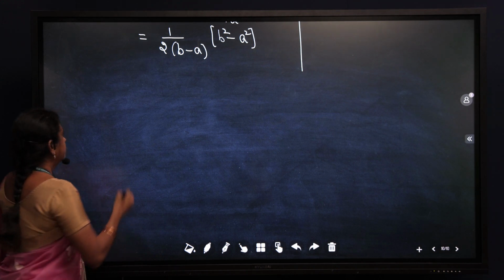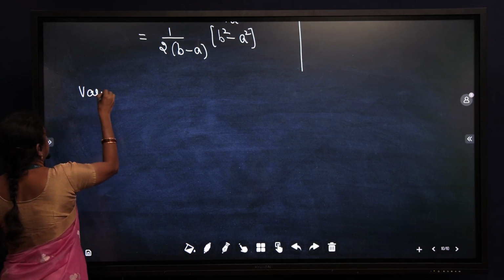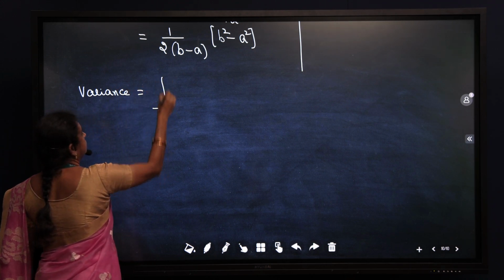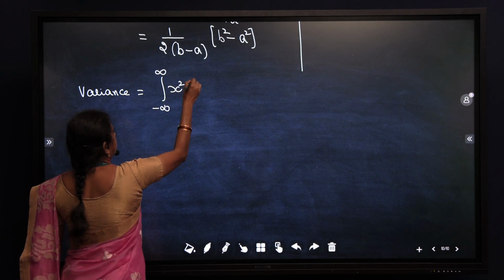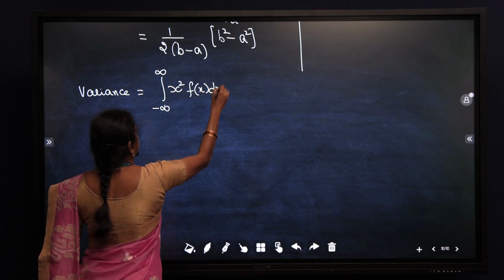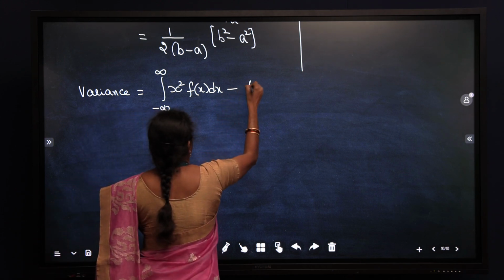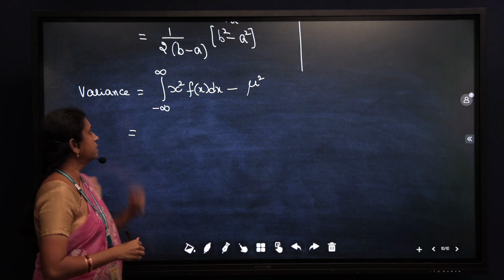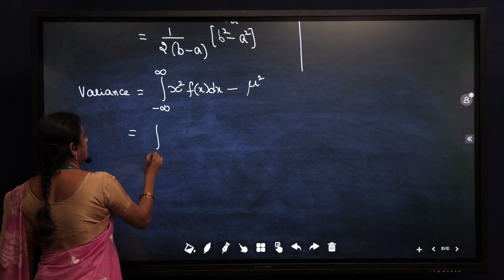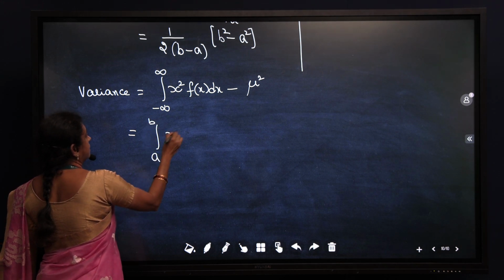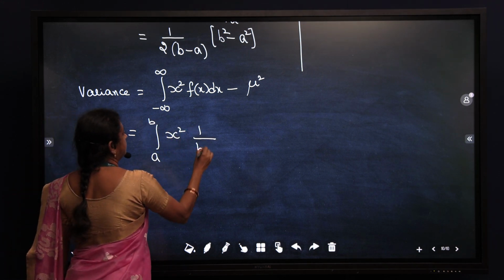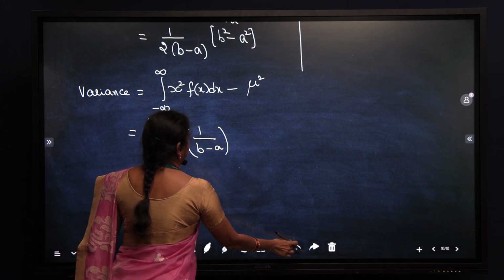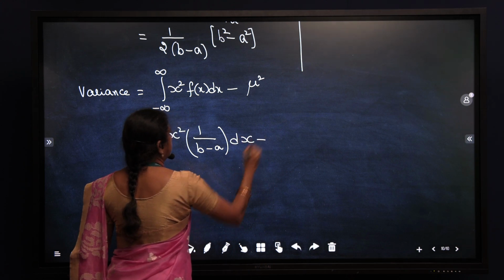Now we'll see what is the variance of the distribution. So variance is given by, as discussed earlier, the integral from minus infinity to infinity of x square f of x dx minus mu square. So this is equal to, and we know the uniform distribution is defined as 1 by b minus a between limits a and b, so the integral from a to b of x square into 1 by b minus a dx minus mu square.